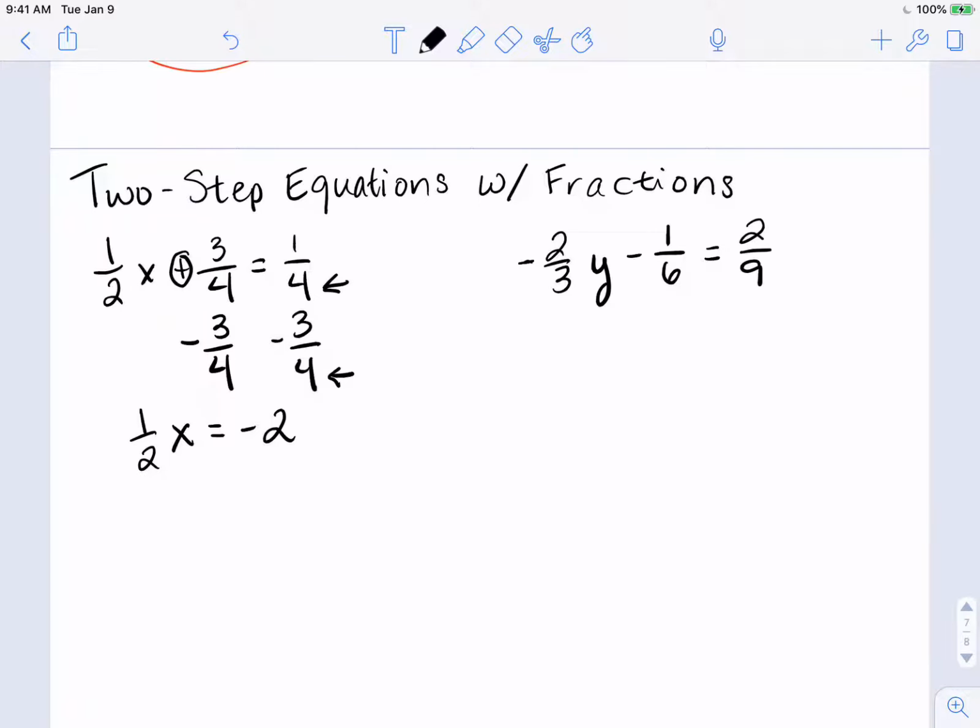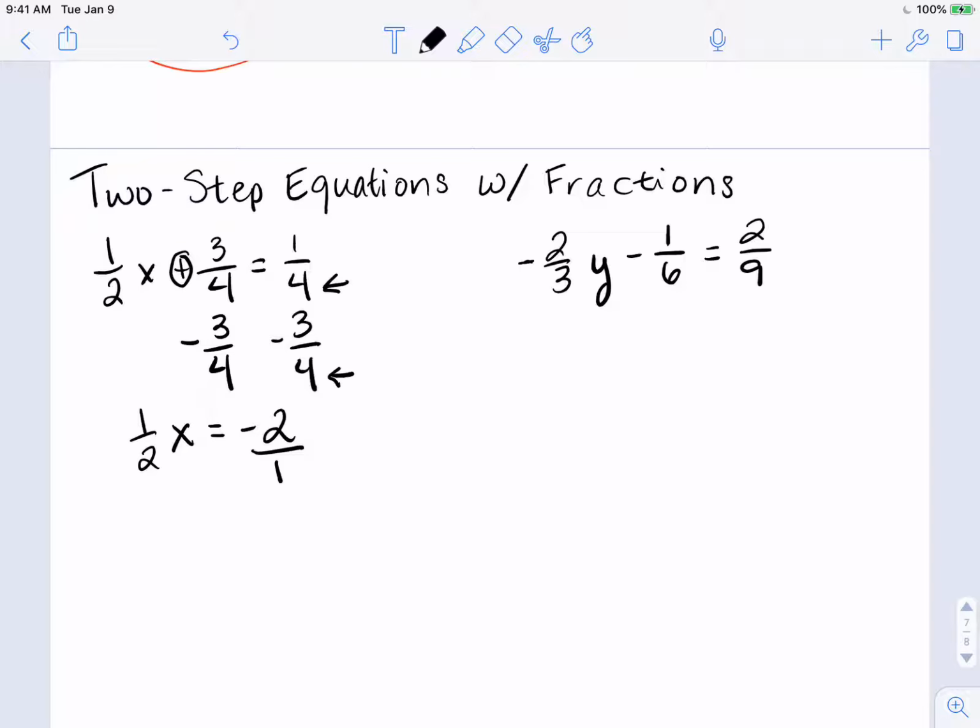So we can do what we did on the last problem and write it as a fraction by putting it over 1. So now we have 1/2 x equals -2 over 1. Whenever you're multiplying by something, to undo it or to rearrange and isolate the variable, you do the opposite.